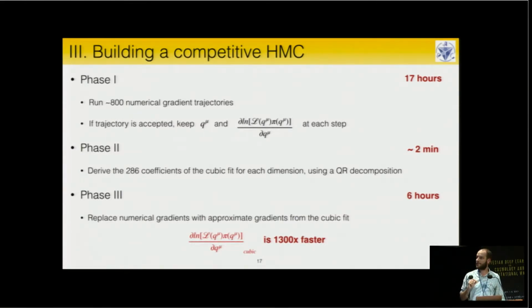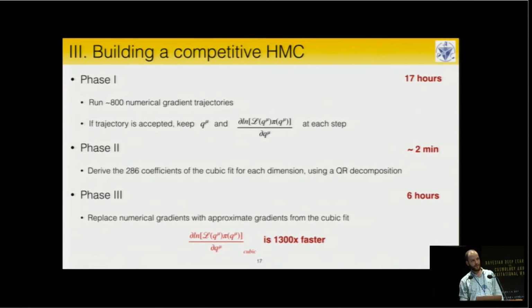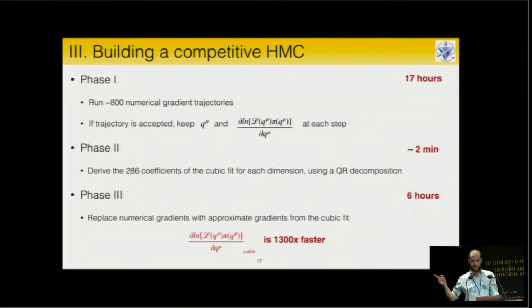Then in a second phase, we're going to derive with all this data that we've gathered the 10 times 286 coefficients. And in phase 3, we just replace the gradients with our approximation. And this approximation is 1,300 times faster than the numerical gradients. So that's how we circumvent the bottleneck.